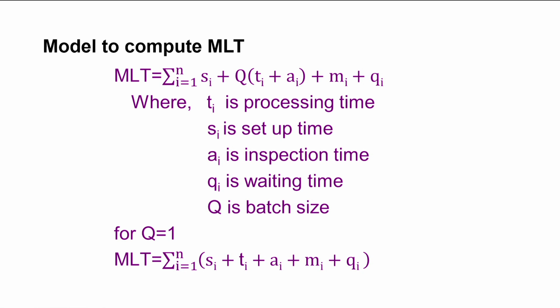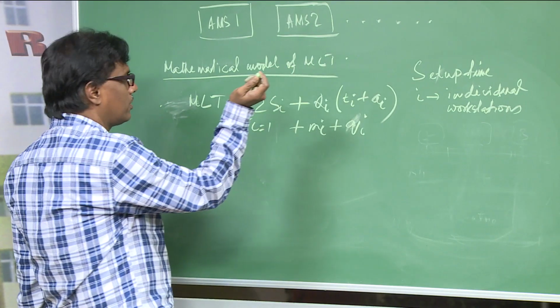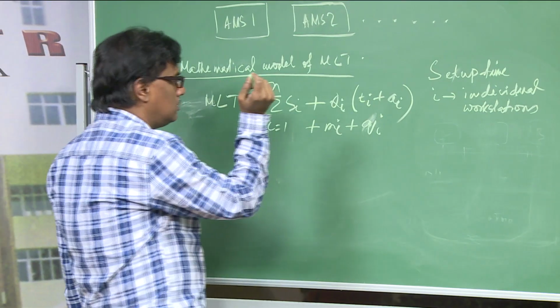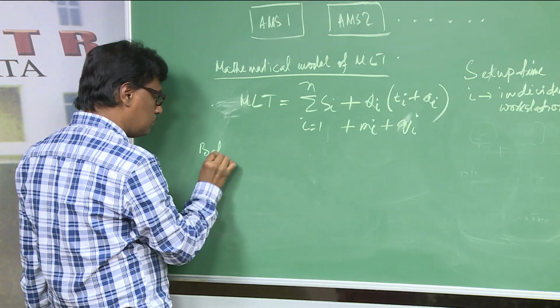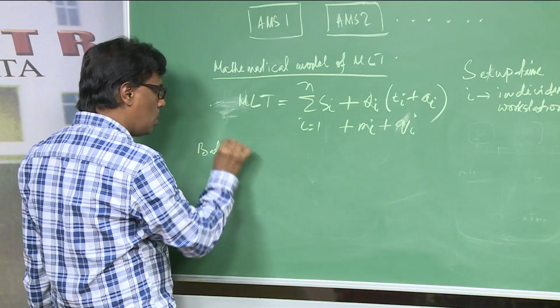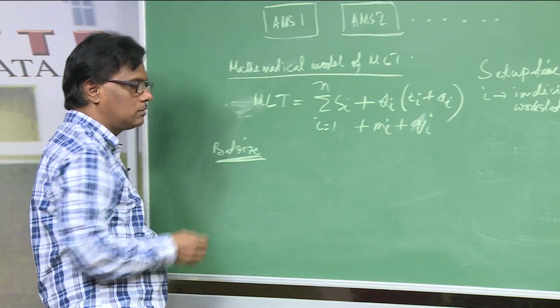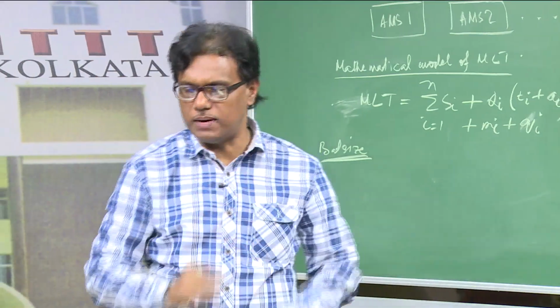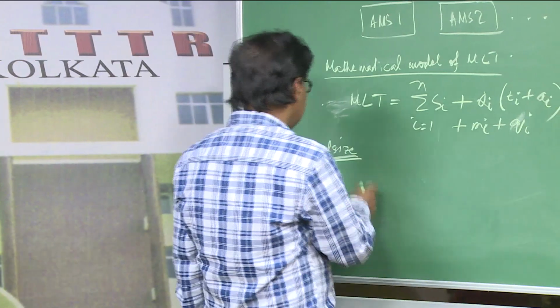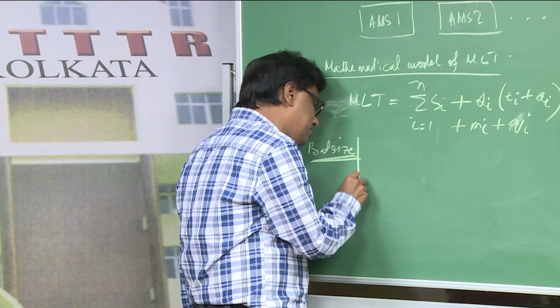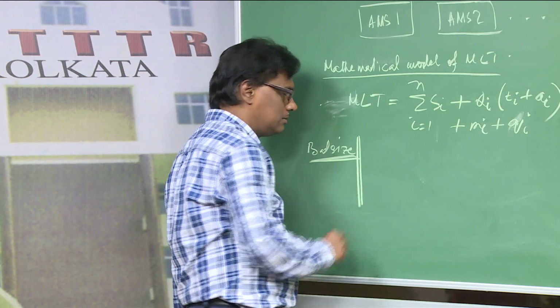What is this Q? What is this batch size? What should be the actual size of the batches? It cannot be a constant number.